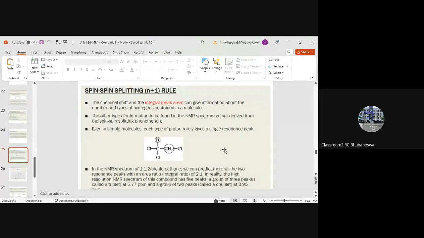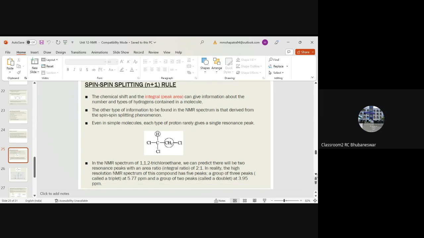Though both are close to carbon and chlorine, the environment around them is quite different. So we can predict there will be two resonance peaks in an area ratio of 2 to 1. In reality, the high resolution NMR spectrum of this compound has 5 peaks.